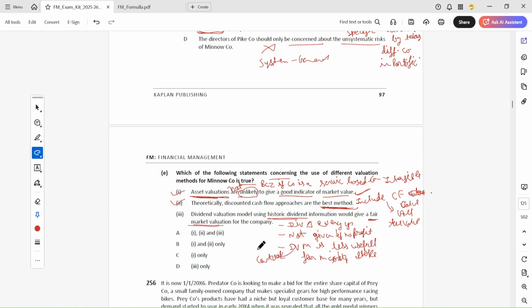Anyone who wants to take more than 50% of the shares wants to control and run the business, so they are not interested in the dividend. So this method is not useful for controlling shareholders. It is only useful for minority shareholders, so it is not useful for everyone. So this method is not good.